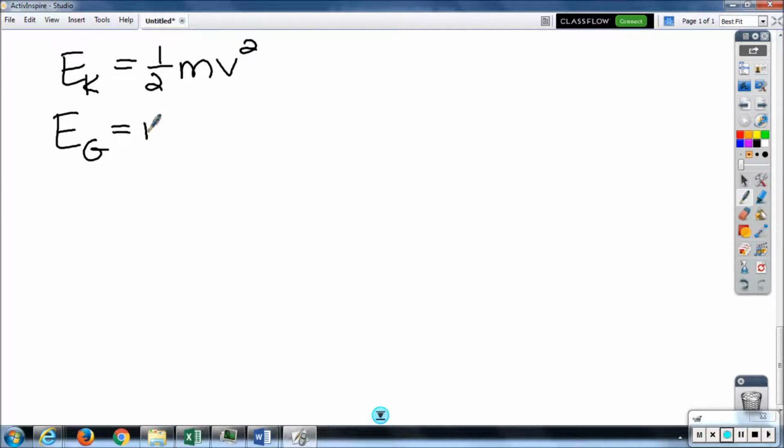So to calculate gravitational potential energy, you have mass times the gravitational field strength, little g, which you can use 10 newtons per kilogram for that. And again, this just represents the force of gravity. And then I'm going to use the letter h, and really h means the change in the height. So it's wherever your starting height is to wherever your end height would be.